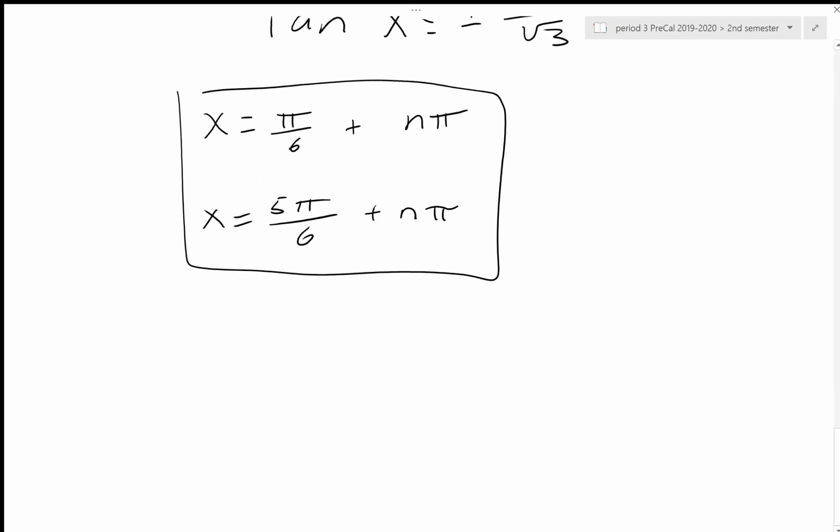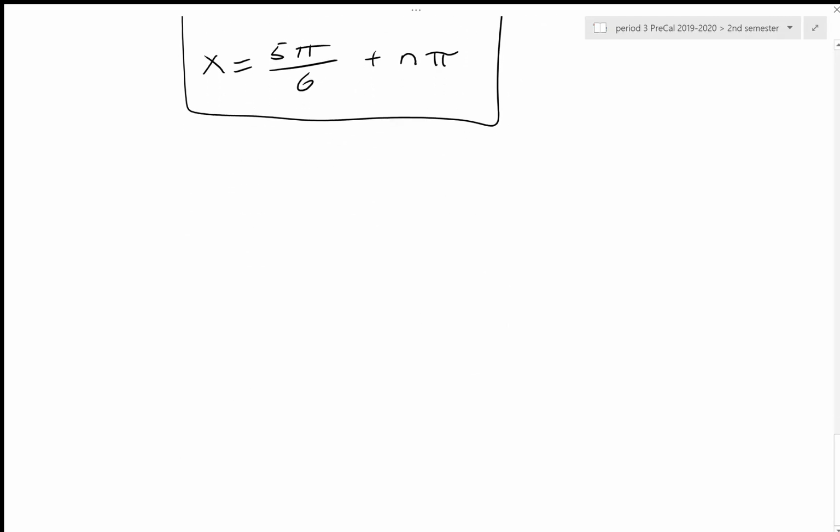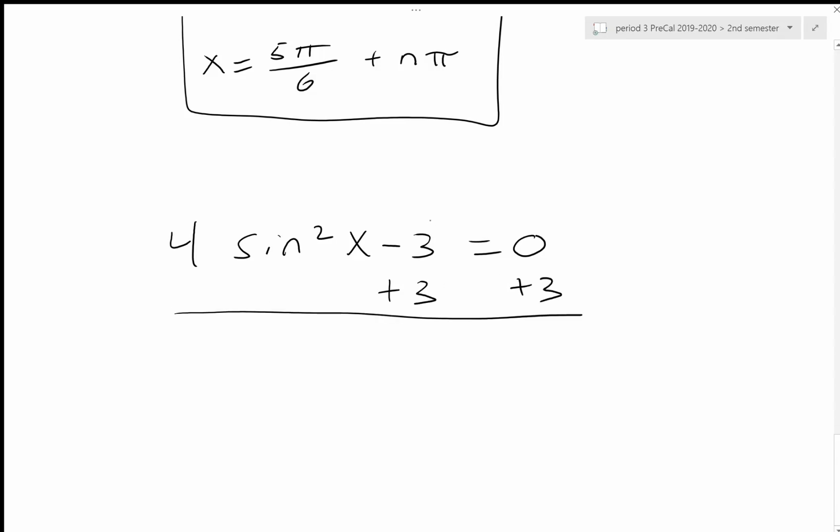Okay, so again, here's another example. I prefer you guys to try to answer this without looking at the video. So pause it, try to answer it. Unpause it if you get stuck. But here we go. Plus 3 crosses out. You get 4 sine squared x equals 3.